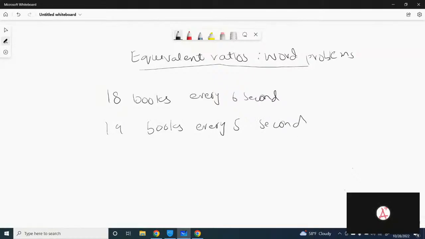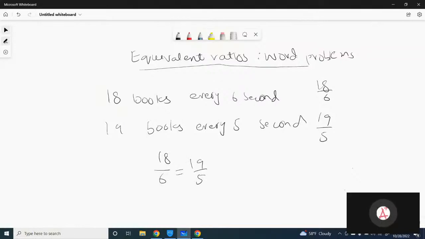Got it? So how can we see if the fractions are equivalent? Write both of them in fractional form. So it would be 18 over 6 and 19 over 5. So it would be 18 over 6 equals 19 over 5.